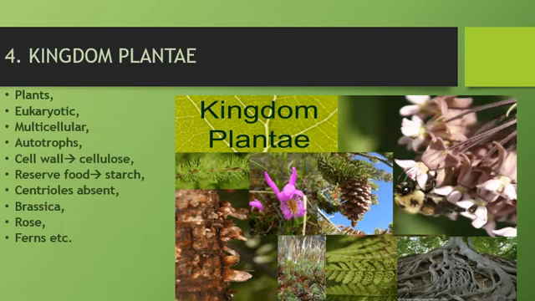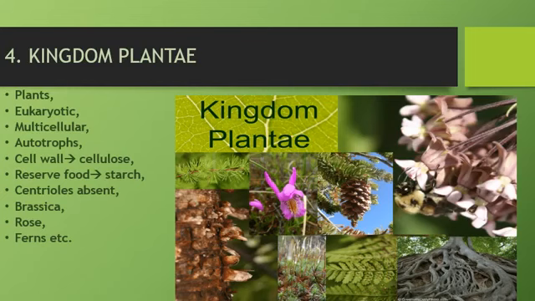All the eukaryotic multicellular green plants belong to kingdom Plantae. They all are autotrophic, they have chloroplast, and they can make their own food by photosynthesis. The cell wall of a plant cell is made of cellulose, which is another type of complex sugar.